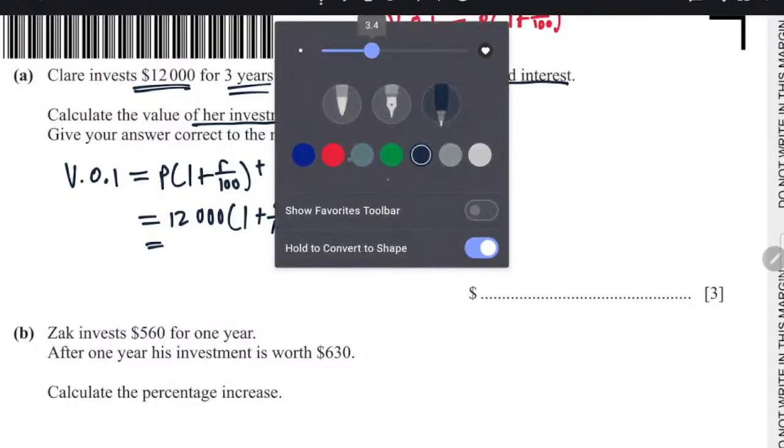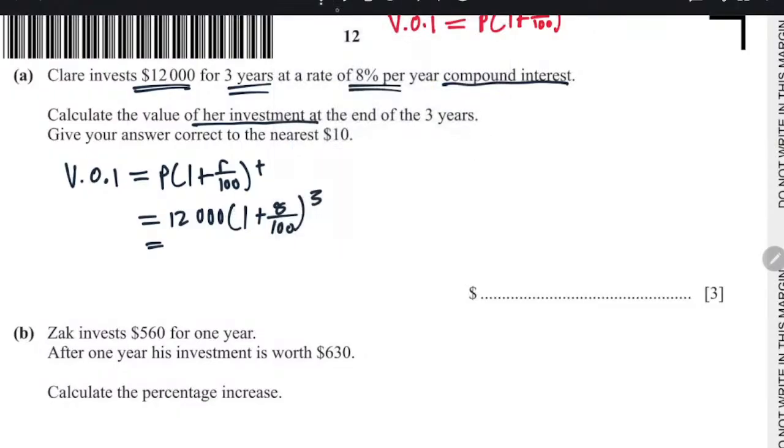Yes, you can put it as the whole thing. Here's how you put it as the whole thing. Say 12,000. Punch 12,000. Then say open bracket. Then say 1 plus. Then open bracket again, because every fraction should be in bracket. Say 8 over 100.